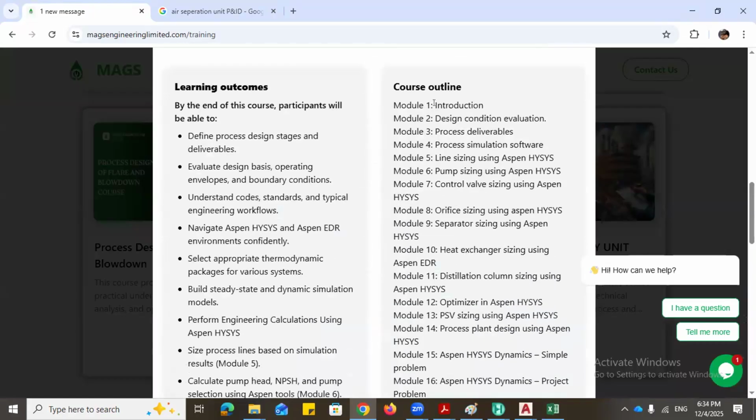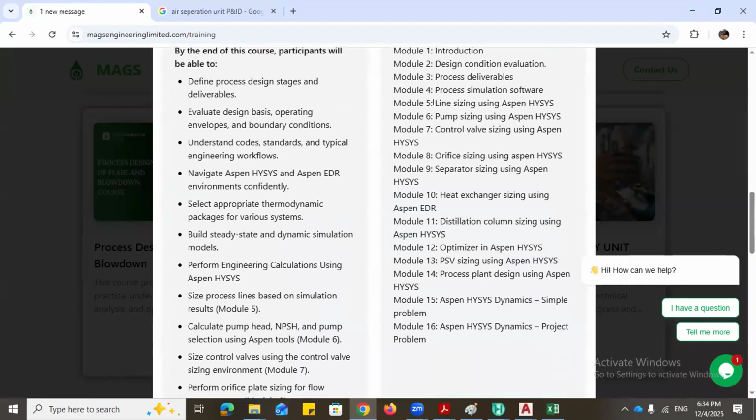See, let me assume you have knowledge on IC simulation. You don't want to do your expert. Maybe you have your user international certification. So look at what this course is talking about. After introduction, design condition evaluation, process deliverables. We have the oil and gas industry. Process simulation software. You will now choose the process simulation software you want to undergo the training with.